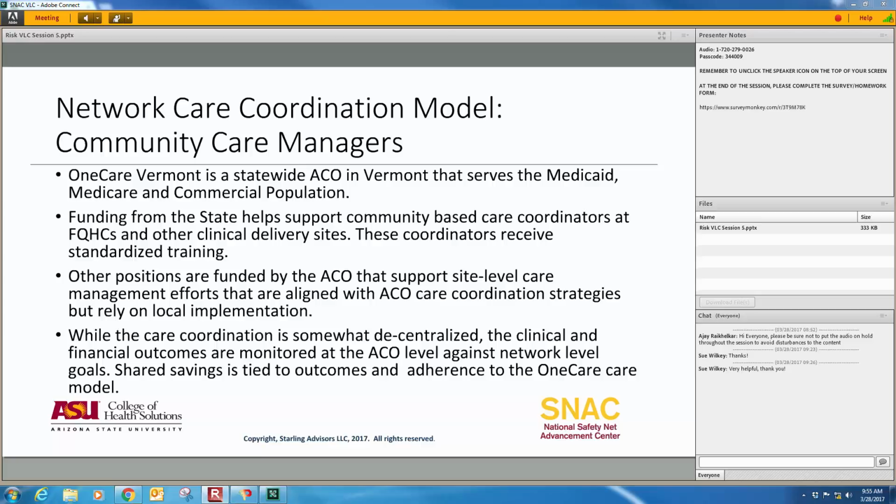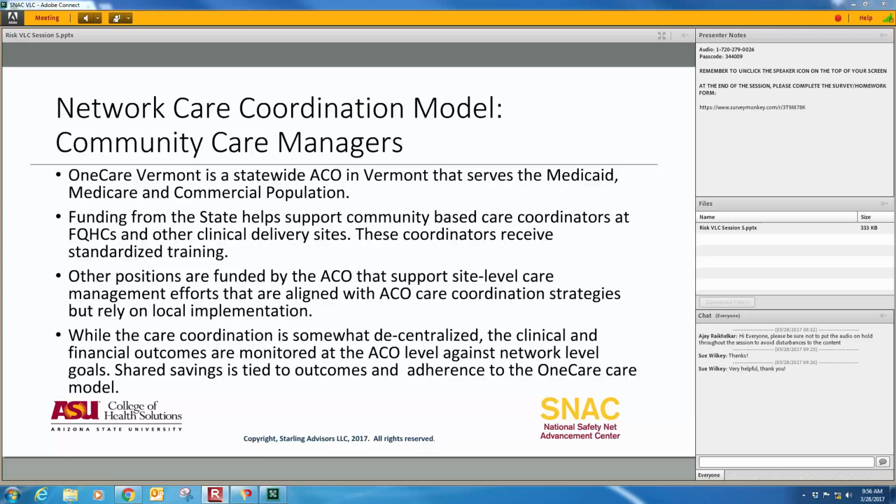So they were then able to add additional levels of care coordination strategies that built off that model that the state had built, but all of which still relies on local implementation. So even though the care coordination model is somewhat decentralized, the clinical and the financial outcomes are managed at the ACO level and against the network's goals, and shared savings is tied to those outcomes and adherence to the care model.